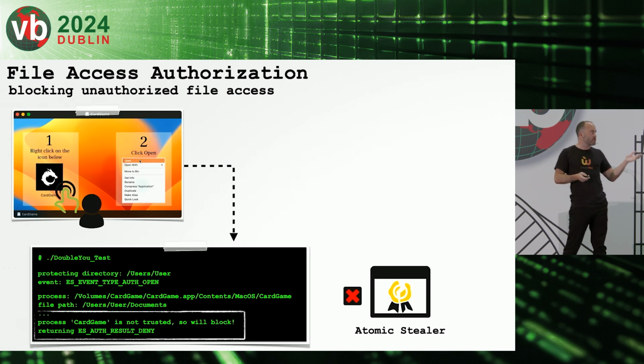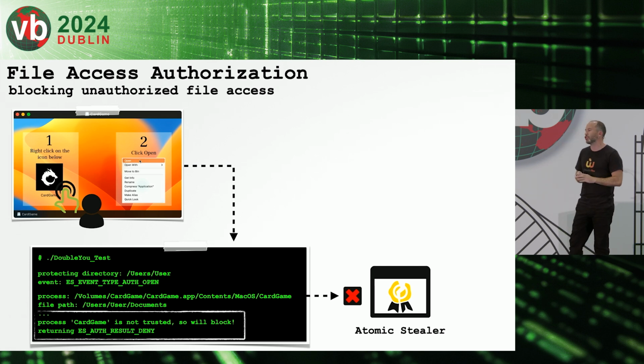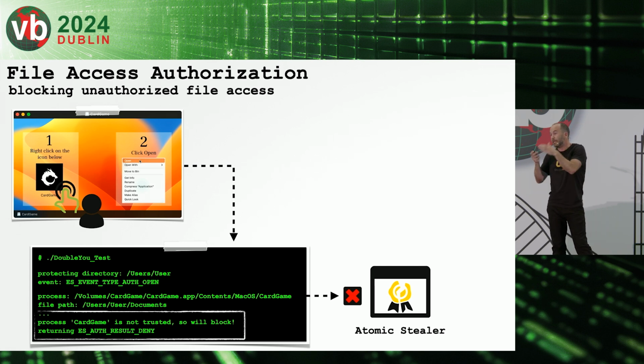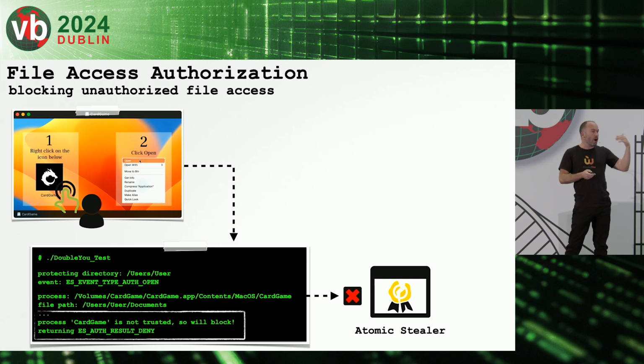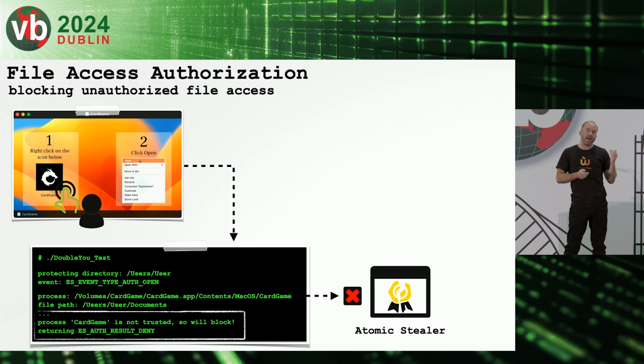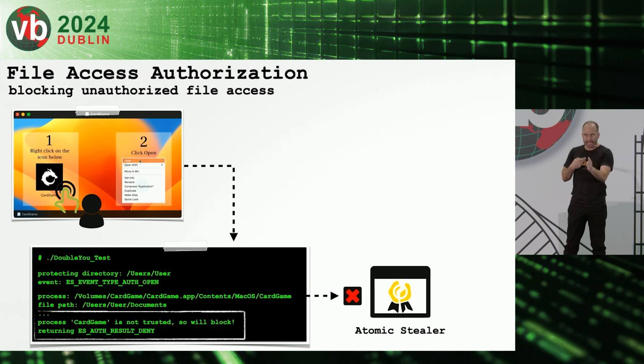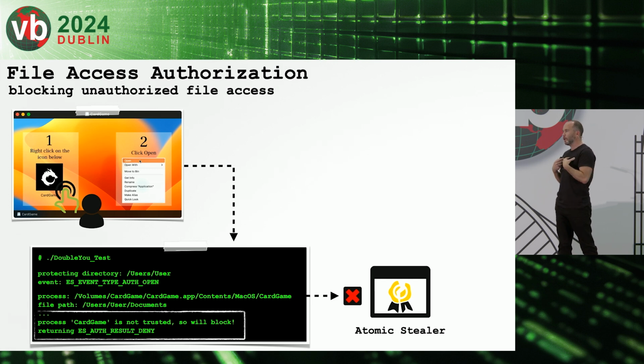So what we do here is we create that. We're basically monitoring, in this case, I believe it's, yes, the user's documents directory. Again, this could be the browser directory or a specific file. And with our file authorization utility now up and running, whenever any process attempts to access any content in the documents directory, the operating system intercepts that and asks us if we're okay with it.